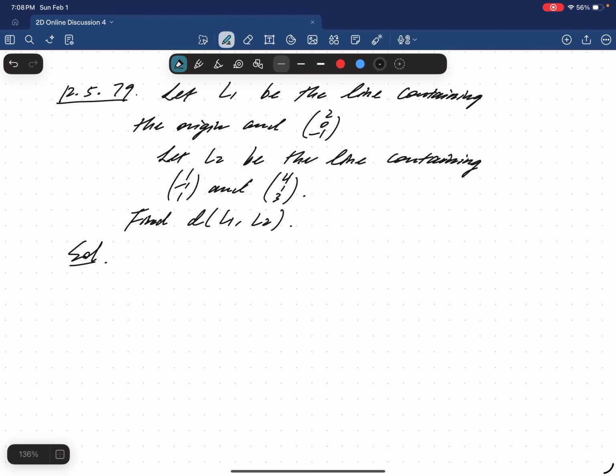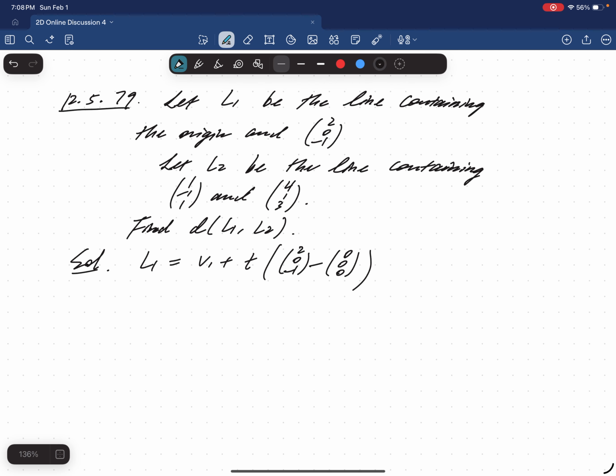So I can write L1 as V1 plus some t times (2, 0, -1) minus (0, 0, 0), because it passes through these two points. And this is just V1 plus t times (2, 0, -1).